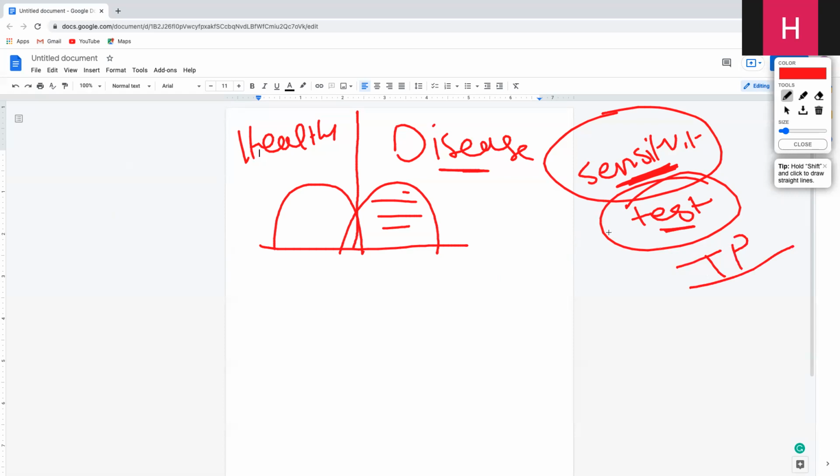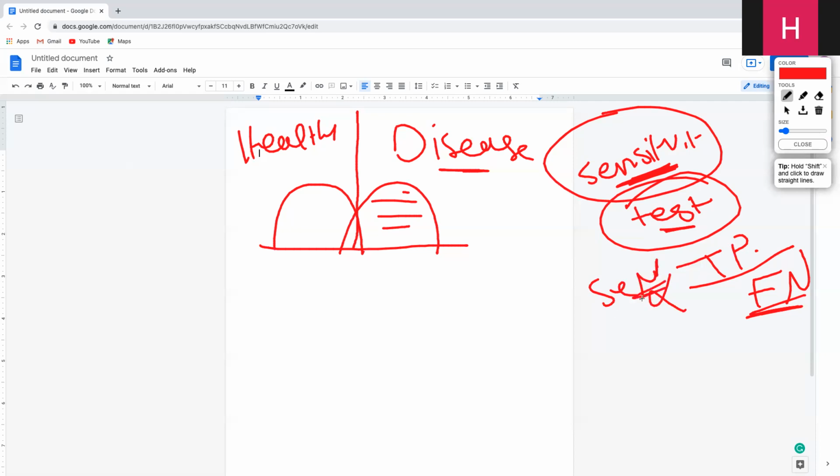And it will give you the least amount of false negative rate, because if you have 100 diseased people, you don't want your test to detect only 50% and give you 50% false negative rate, telling you that you don't have the disease when you truly have it. So sensitivity is related proportionally to the true positive and disproportionately to the false negative. You want the least false negative rate in order to increase your sensitivity.